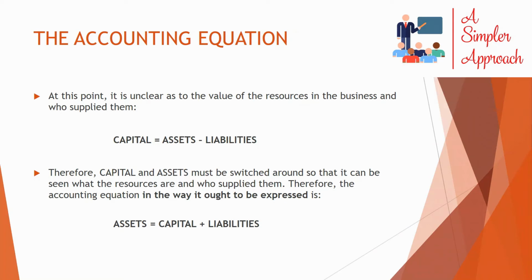Now, looking at the two equations, I believe you should be able to see what the problem was when capital is at the front, and the fact that the problem is solved when it is turned around to reflect assets equal capital plus liabilities. It's a whole lot easier and simpler to read and to understand.